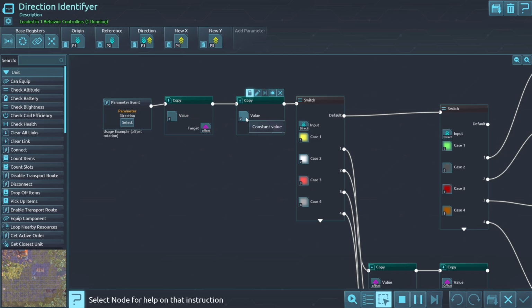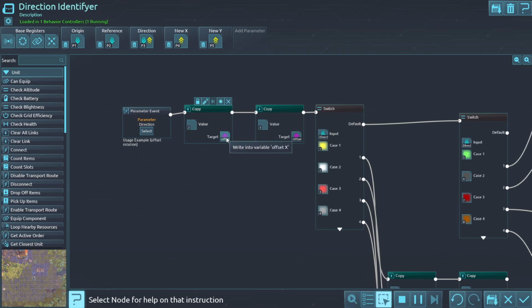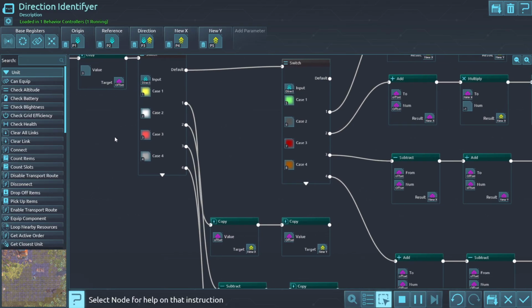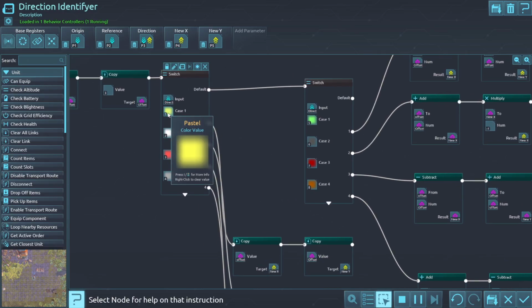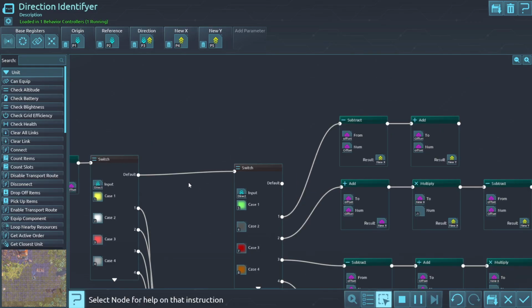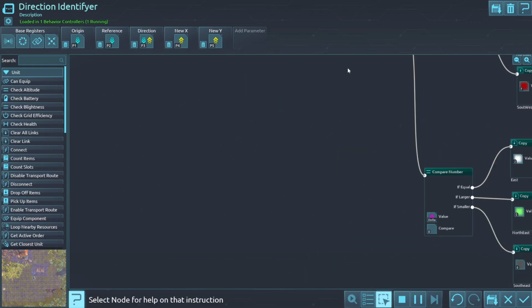I'm hard coding some values right now. We're going to hard code the X offset to 2, and the Y offset to 0. Then we set our default to north, right? So case 1 is north, which is the same color, this yellow value here.